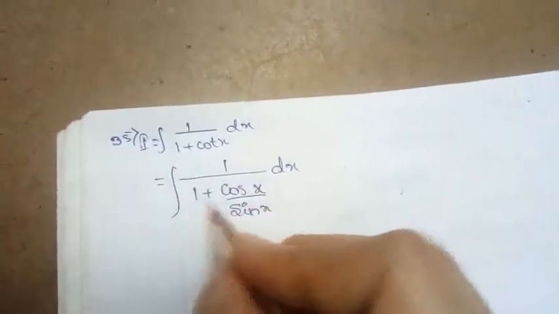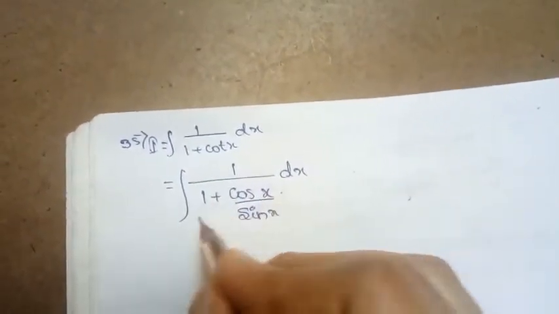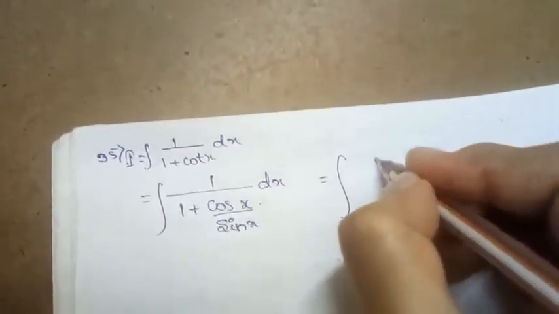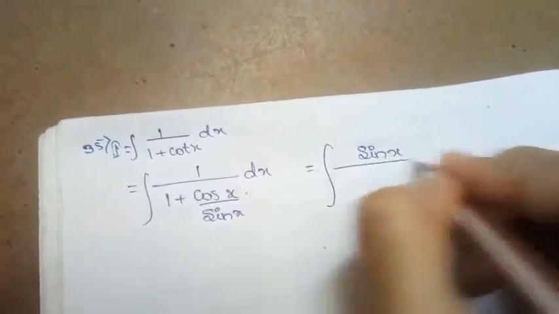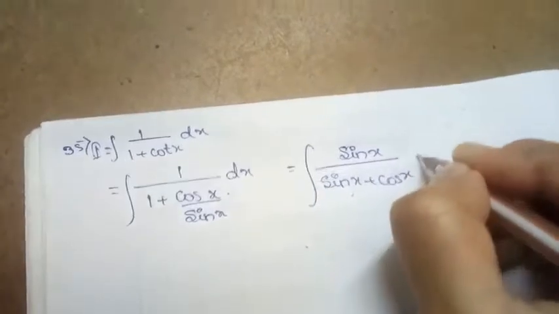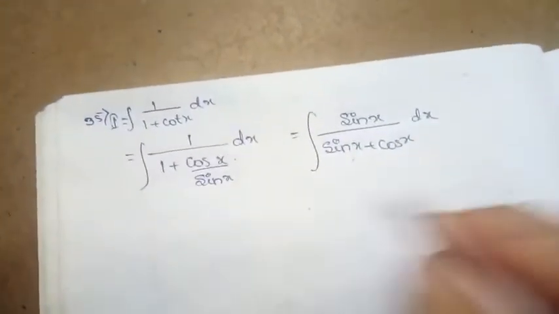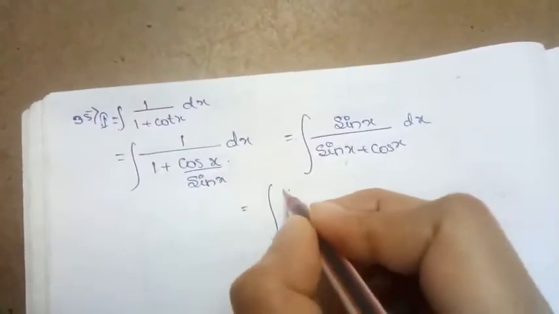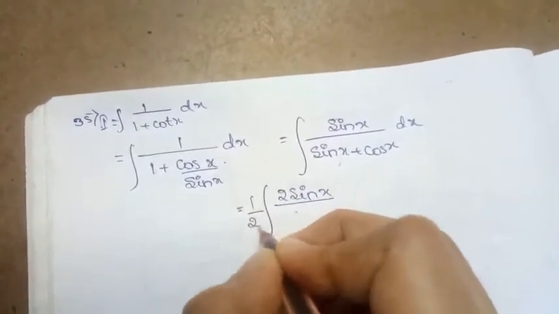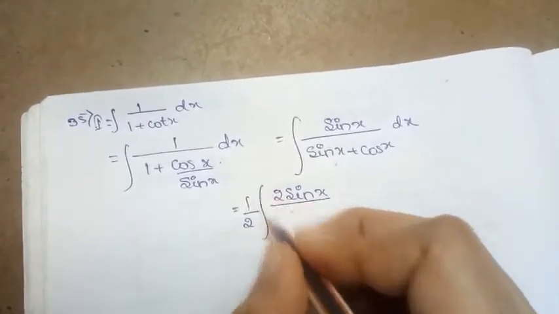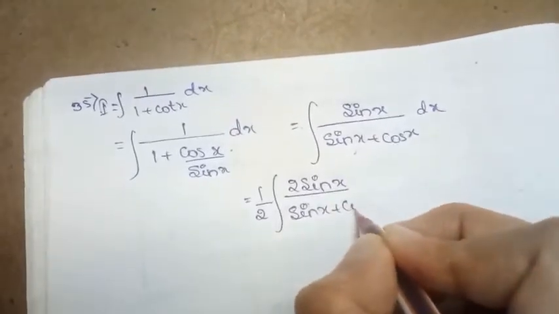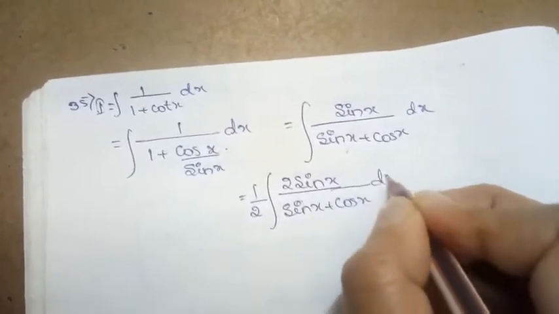By taking the LCM, I get sin x plus cos x divided by sin x, and moving that sin x to the numerator, it becomes sin x divided by sin x plus cos x into dx. Next, I am multiplying and dividing by 2, so it becomes 1 by 2 integration of 2 sin x divided by sin x plus cos x into dx.